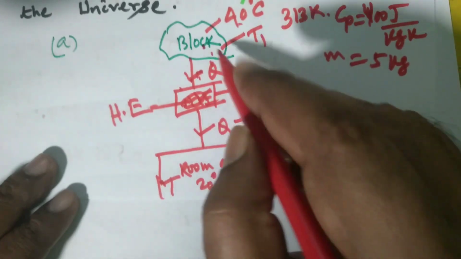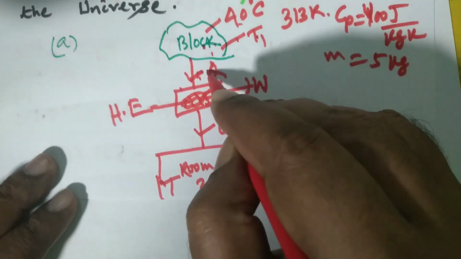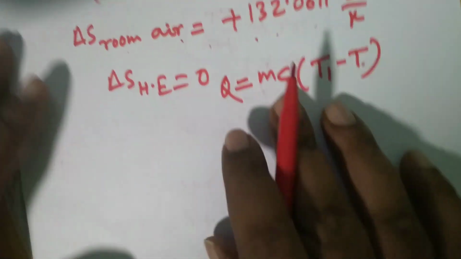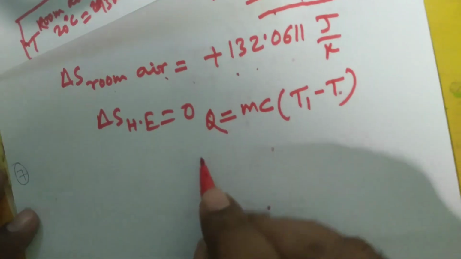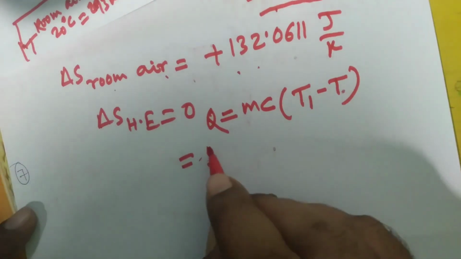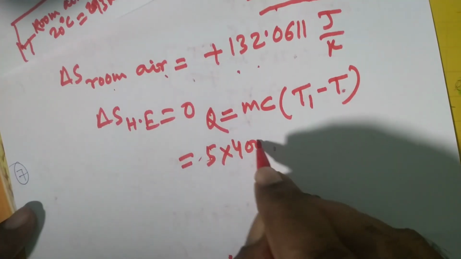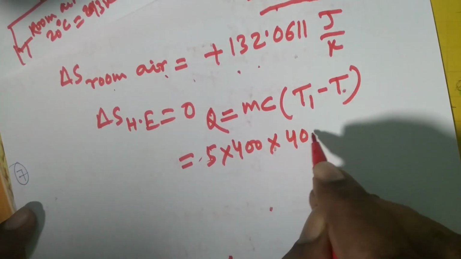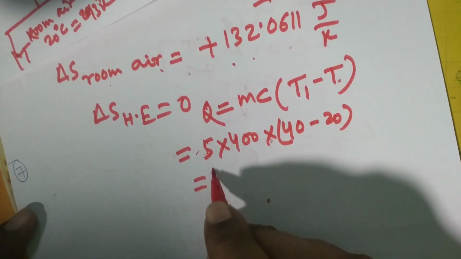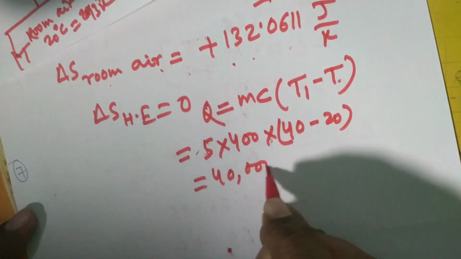So this is equal to mc(T1 minus T), and this is equal to 5 into 400 into (40 minus 20), and this is equal to 40,000 joule.